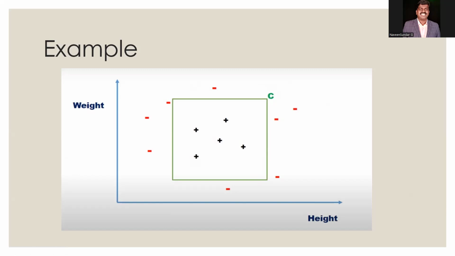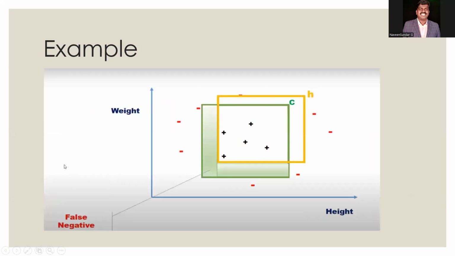If you move the rectangle a little up or down, how do we find the differentiation? For example, this is what we predicted, and then using the model we get this. That means what?